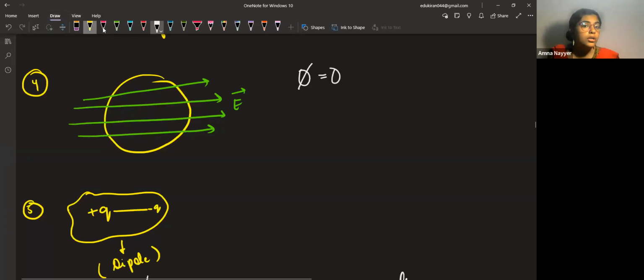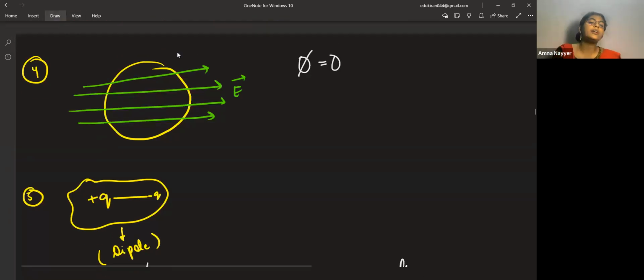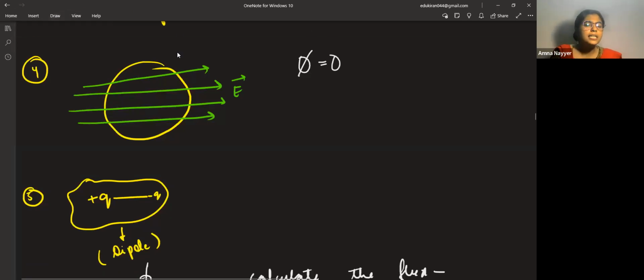Now, one more way you can define this. Suppose a field line is just passing by like this. It's not actually intersecting it, not going inside it, not penetrating.